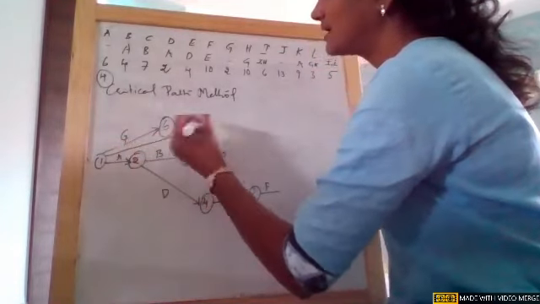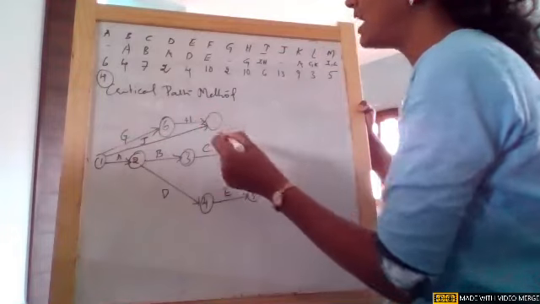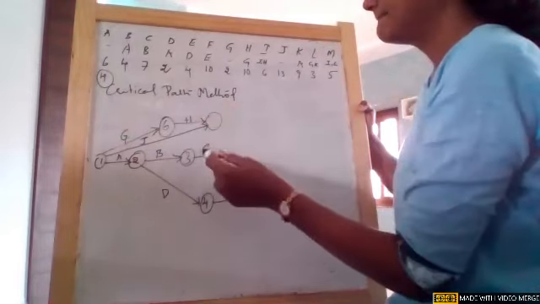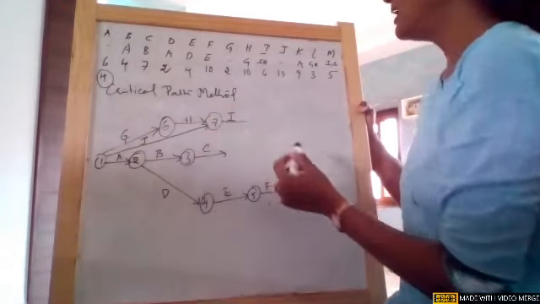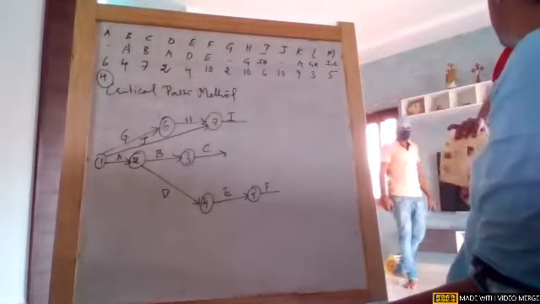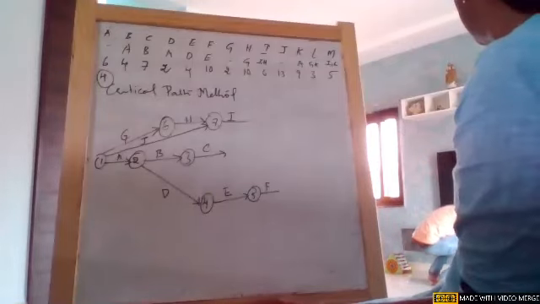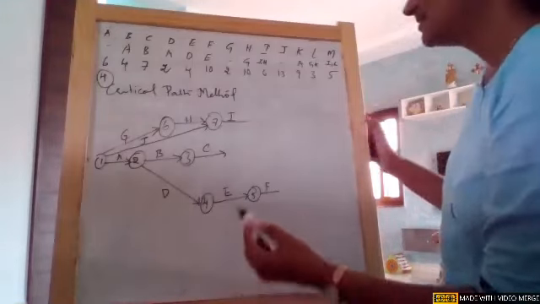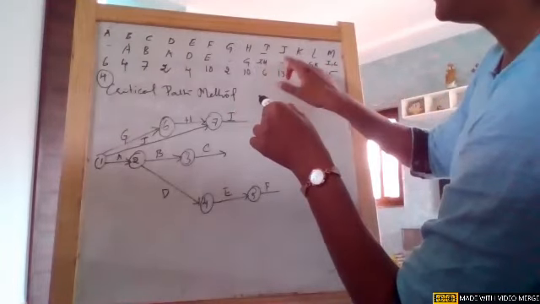J and H together are giving rise to I. So this number can be 7 and this is I. J and H are giving rise to I, and this is done.